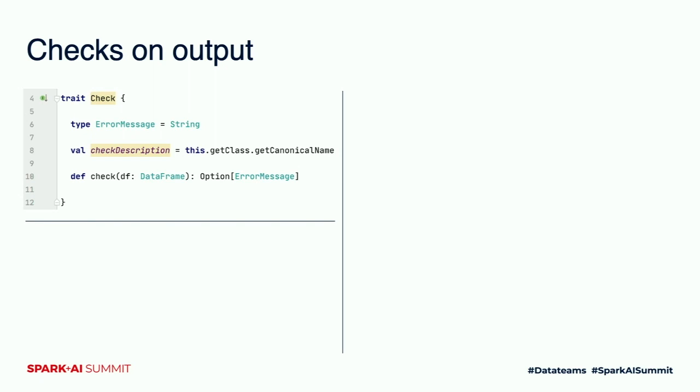So in Sputnik, there is this trait Check, which you implement to define a check you want to perform on your result data. And Sputnik comes with a set of predefined typical checks for possible scenarios. An example would be the not empty check, where you check that the result of the run of your job is not empty.